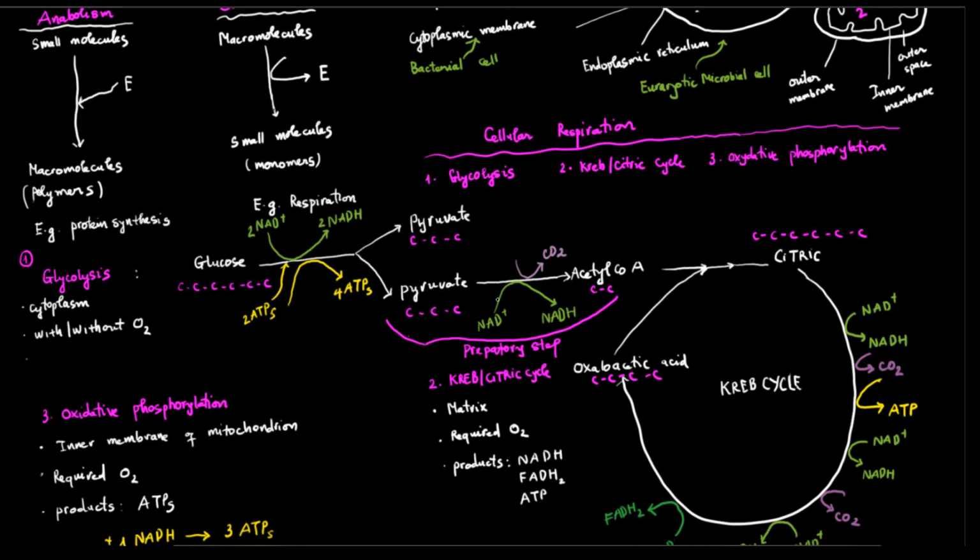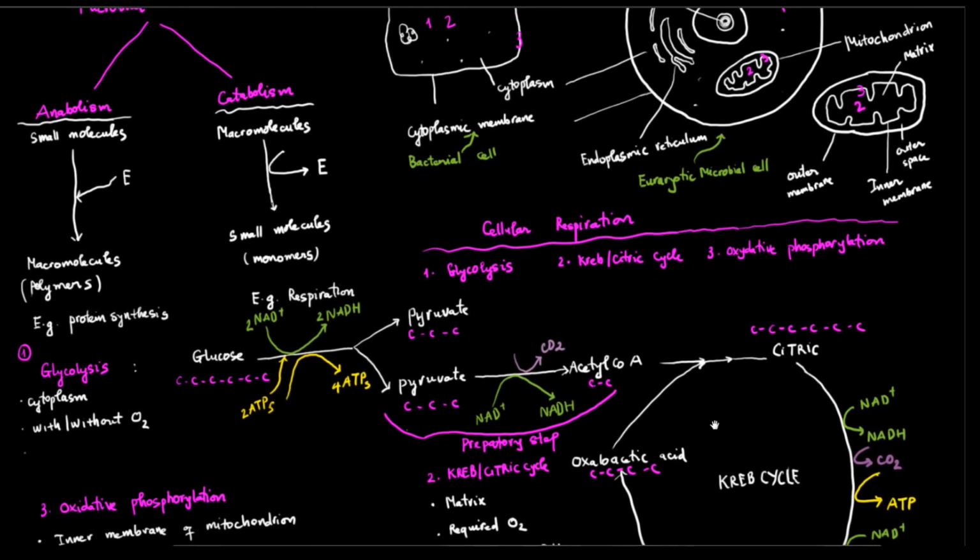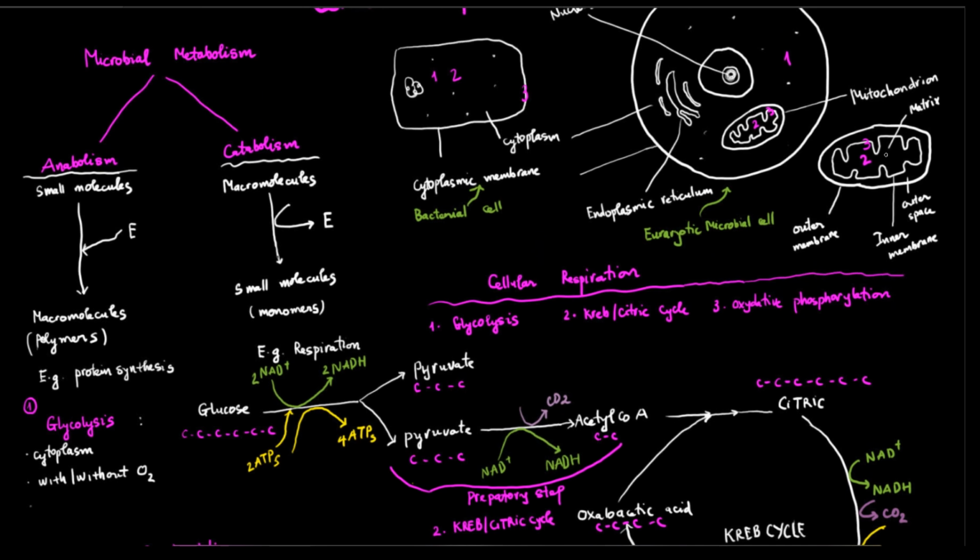And in this reaction, 1 molecule of NAD+ also gets reduced into NADH. Once acetyl-CoA is produced, citric cycle will take place. And again, citric cycle takes place in the matrix area of mitochondria or in the cytoplasm of bacterial cell.